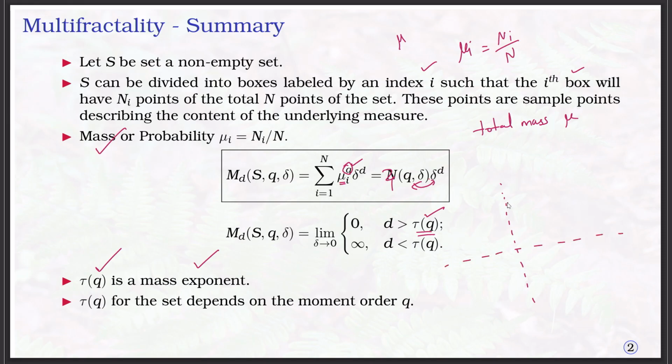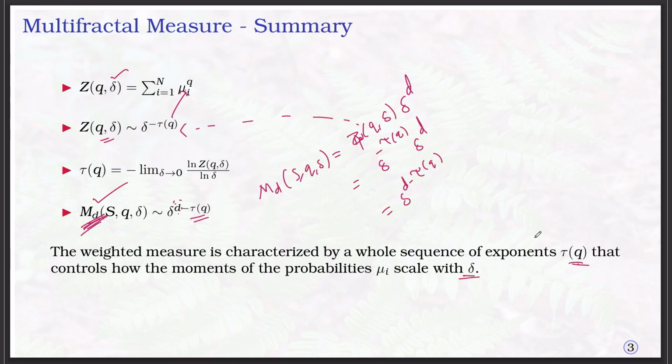We will get the figure like this. Assume this is infinity, then there is a critical point here, at tau q, where it goes from infinity to 0. This is m_d, so this tau q controls the measure. This tau q controls the moment of the probability mu_i scaling with delta.